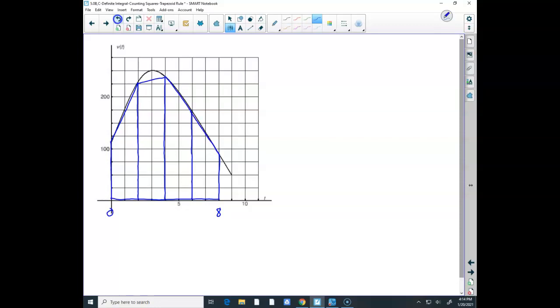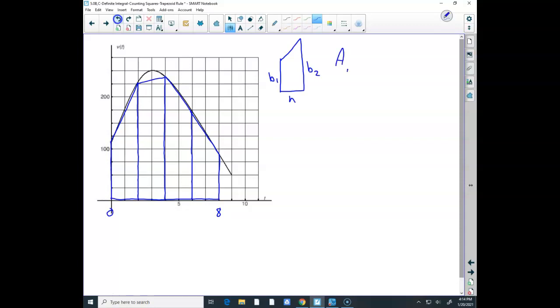And what we're going to do is estimate this distance now by finding the area of these trapezoids. This is also going to be something you'll be expected to do on the AP test. And remember, when we're talking about trapezoids in calculus, our height is always going to be the perpendicular distance between our first base and our second base.